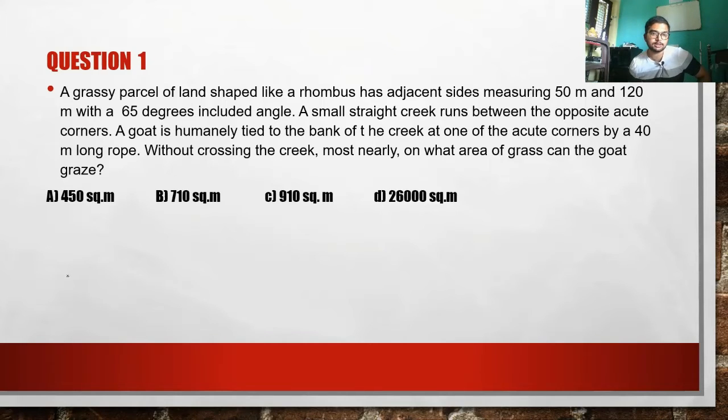So let's draw this. He said rhombus like structure, not exactly rhombus. So something grassy patch will be something like that. Now this is 120. Adjacent sides he had already mentioned. This side is 50.